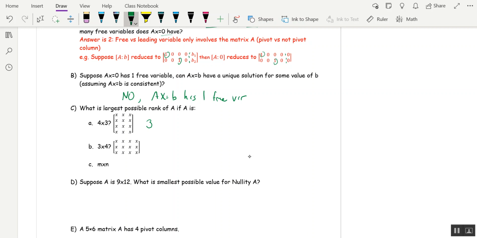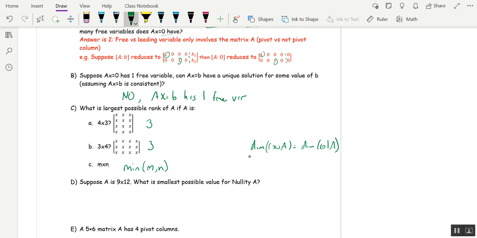But remember, the dimension of row A is the same as the dimension of col A. So if there are only 3 rows, the maximum the dimension of the row space could be is 3, so the maximum the dimension of the column space could be is 3. So this is also 3. In general, if you have an m by n matrix, the largest rank is the smaller of the two numbers m and n. So this is going to be the minimum of m and n.